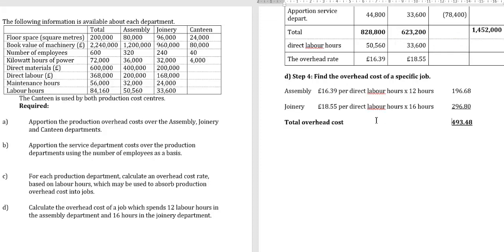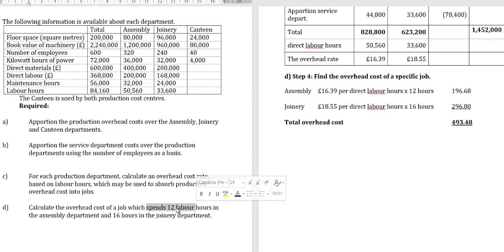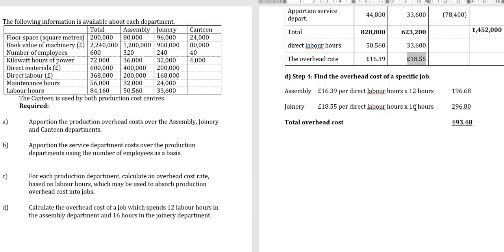For the assembly it will be £16.39, the cost per hour, times the number of hours, which is 12. And for the second one it will be £18.55, the cost per hour, times the number of hours, which is 16. So this is the total overhead cost, which is 493.48. This is the full answer of the question.